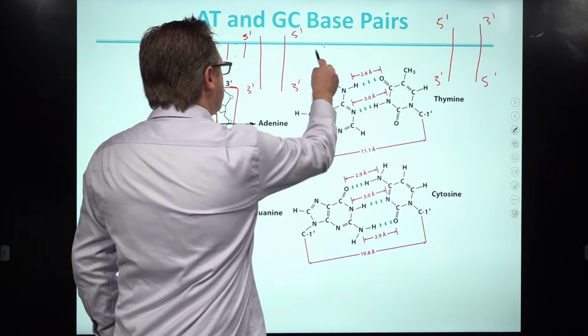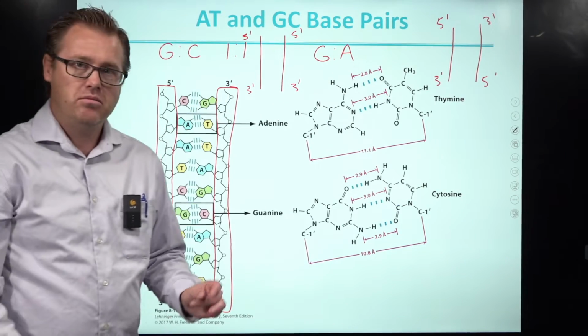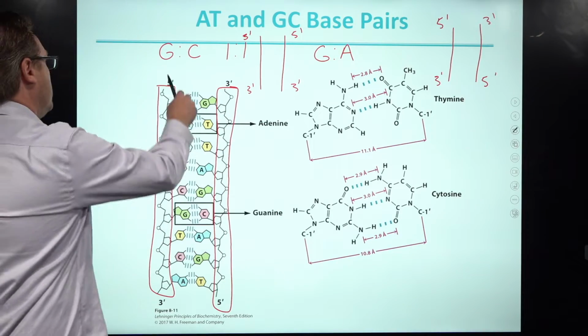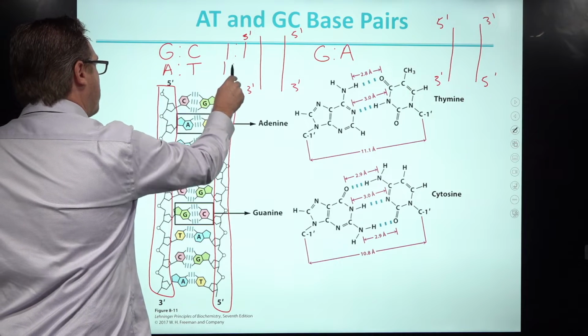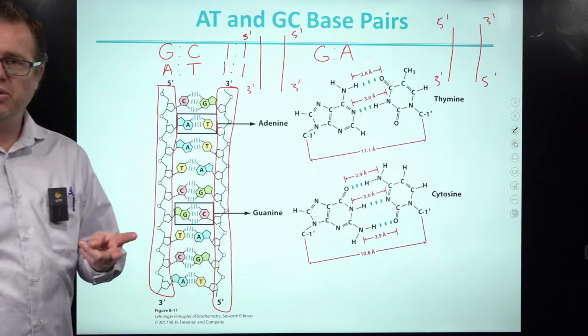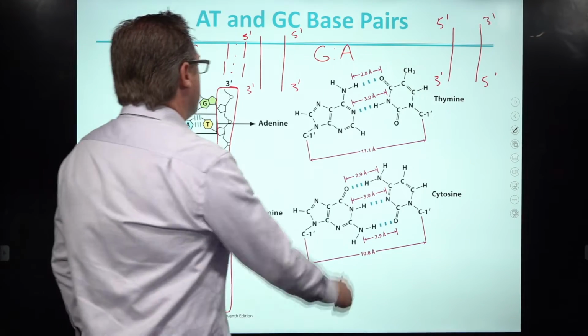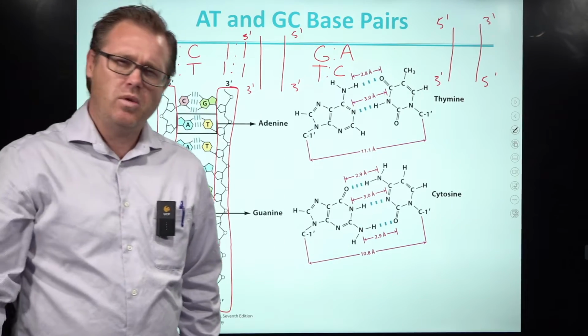When they compared G to A, that ratio could be all over the place. When they looked at A and T, they noticed that ratio between those two nucleotides was always 1 to 1. But when they compared T to C, it wasn't 1 to 1.